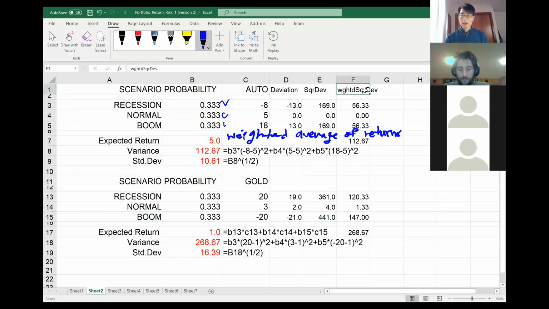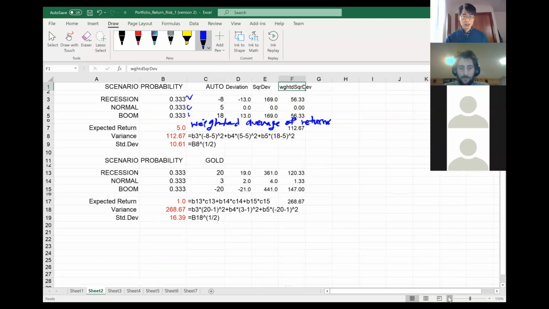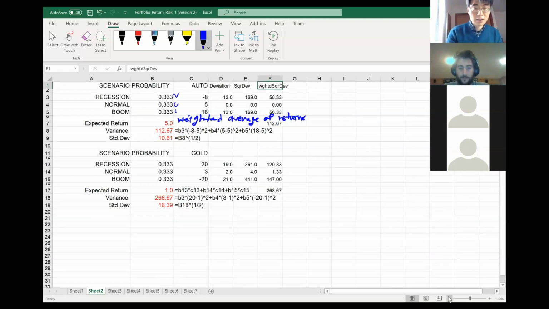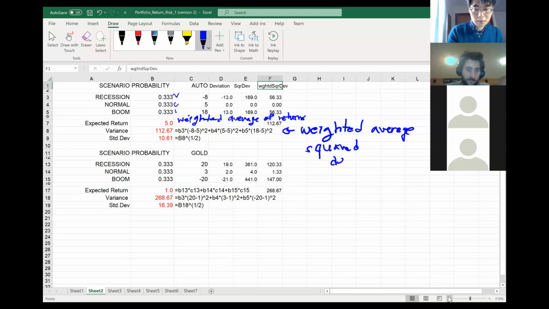Then we calculate the weighted average of the squared deviation. So the key here is that variance is the weighted average of the squared deviation. Okay, so that's how we calculate the variance.